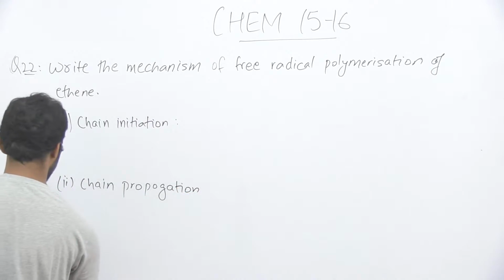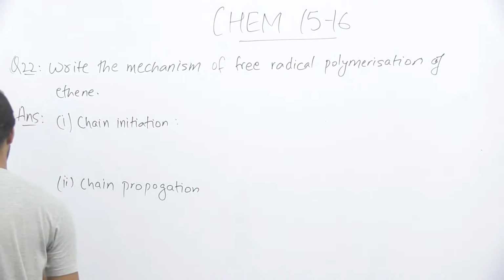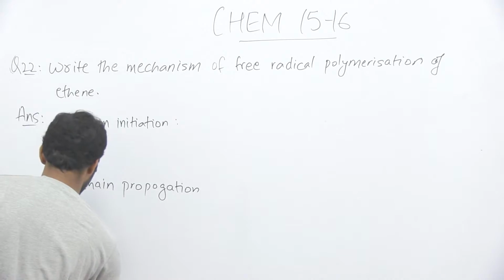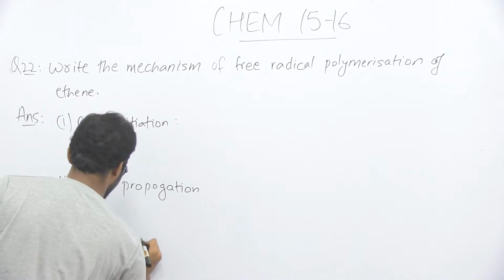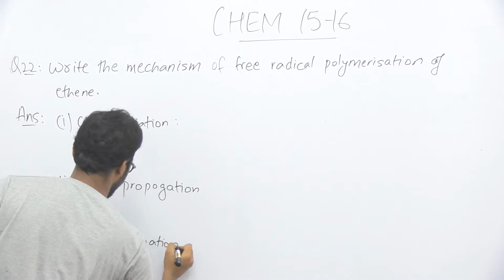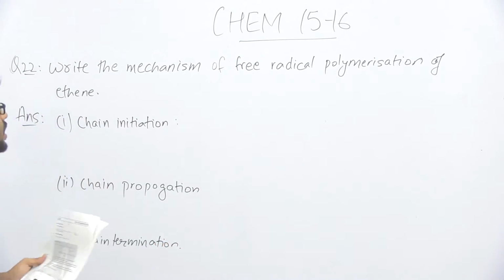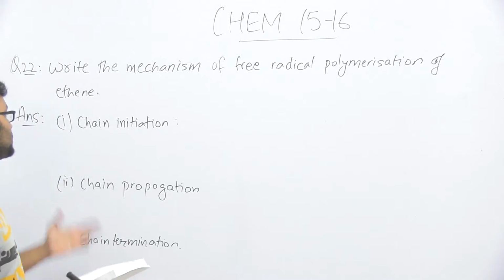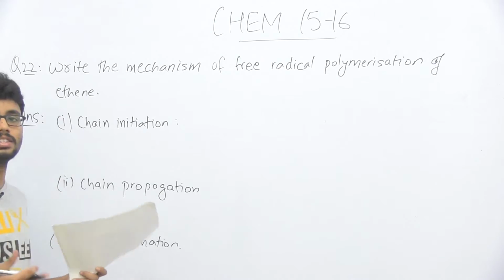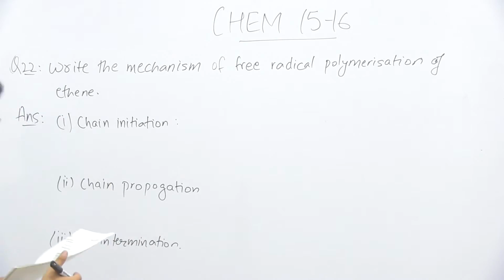And the third one is chain termination. So these are the 3 steps involved in the free radical polymerization of ethene. Let us see how the reactions occur in these steps.